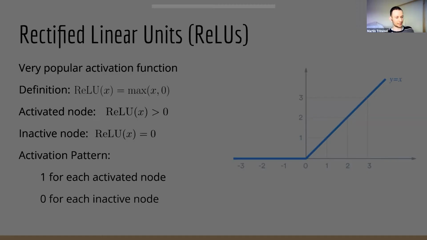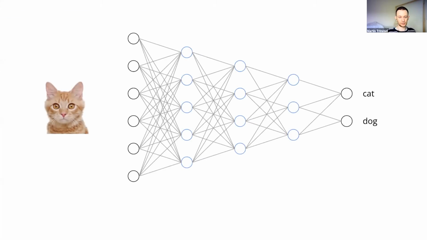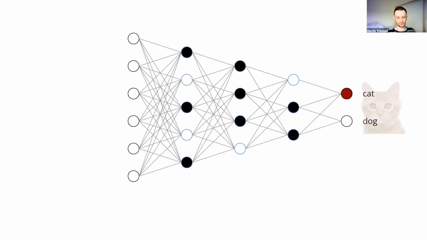Let's now visualize what I've just said. Imagine a simple neural network classifying images into 2 classes, cats and dogs. All of the activations in this network are ReLUs. When we take an image and pass it through the network, some of the nodes get activated and others not.